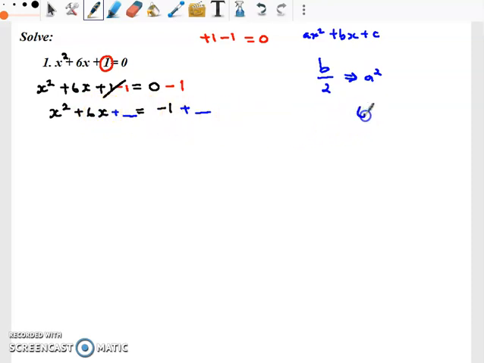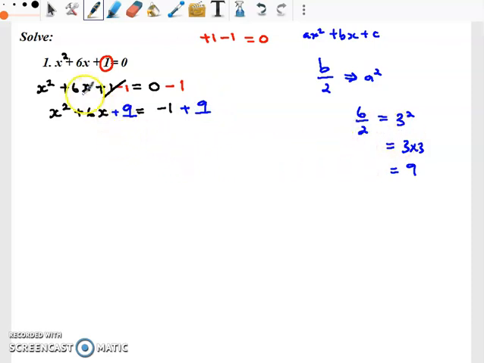So we take the 6, divide it by 2, that gives us 3, and then you square the 3. That's what the rule says. 3 squared is 3 times 3, which equals 9. So 9 is the magical number that goes here, so let us put the 9. That's how we get the 9.